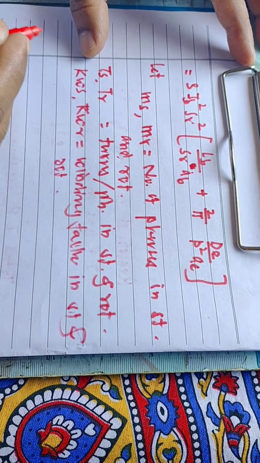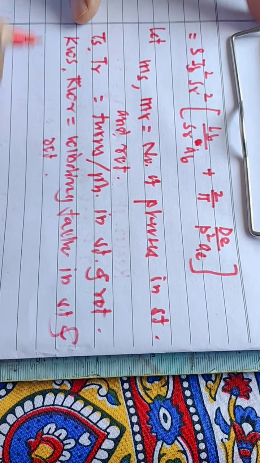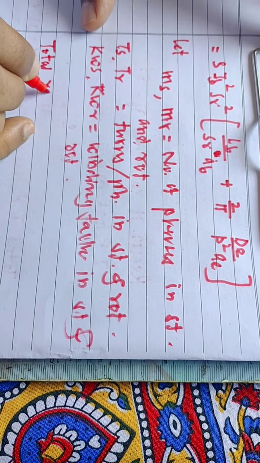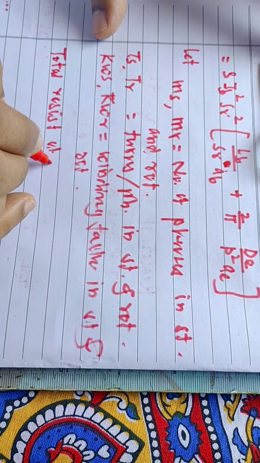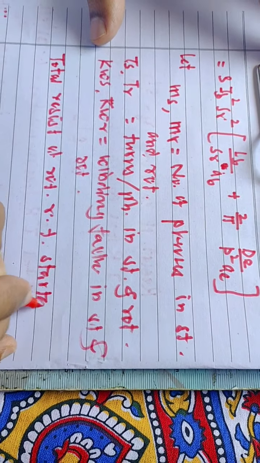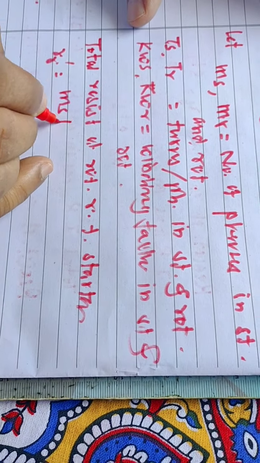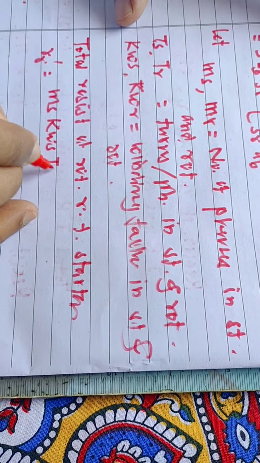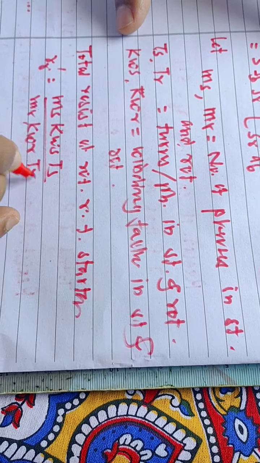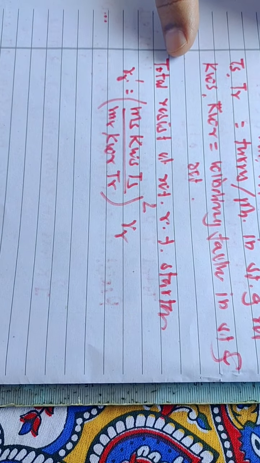Then total resistance of rotor referred to stator, we have formula R dash is MS KWS TS upon MR KWR TR square into RR. This is the formula.